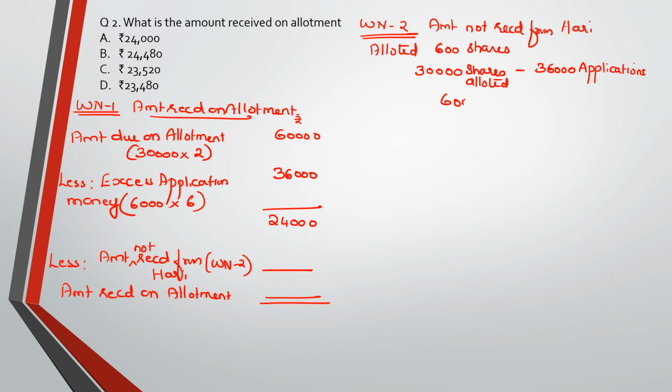Therefore, if Hari has been allotted 600 shares, how many shares had he applied for? 600 into 36,000 divided by 30,000.